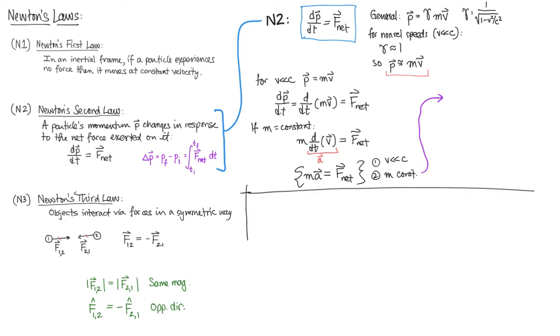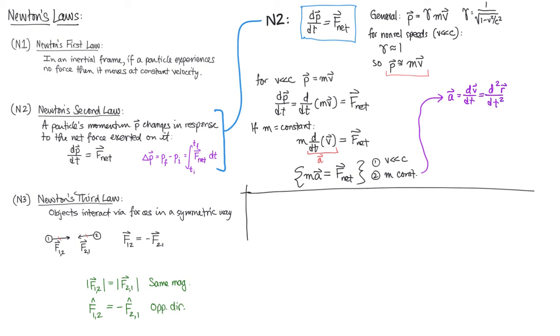One other thing I'll point out is that even in the case where we work using this tool, ma equals F net, in this class we're going to start using a slightly different notation. So we know that the acceleration is equal to the time derivative of the velocity, which in turn is the time derivative of the position. So the acceleration is the second derivative with respect to time of a position vector.